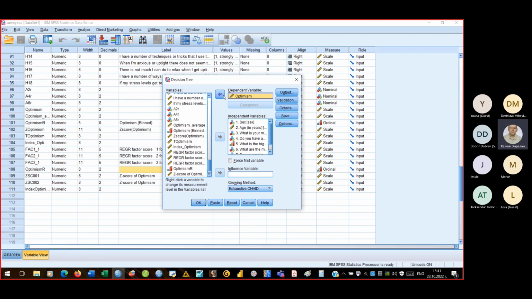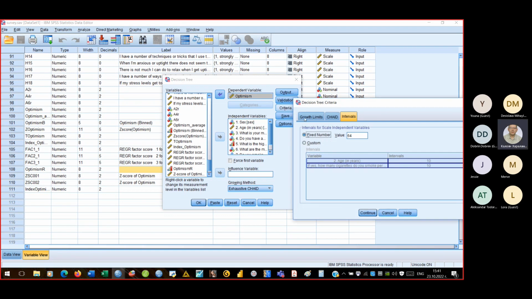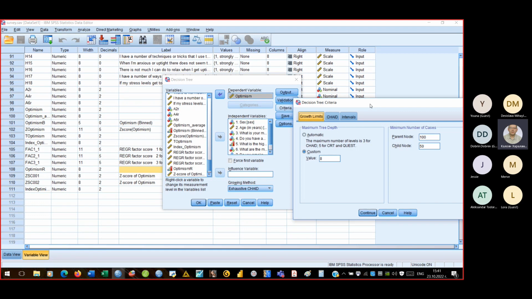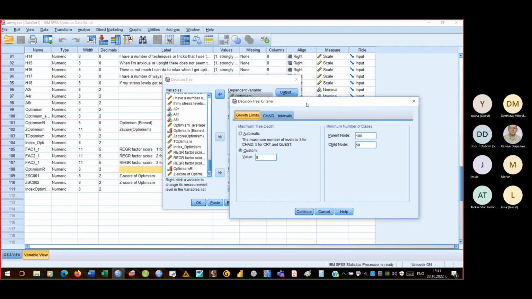Now we must change only one option, and this option is here in criteria, in the growth limits, because yesterday we very briefly discussed samples, and I said nothing about the sample size, but in statistics, when we estimate percentages, then the minimum sample size is 50 cases, 50 persons.